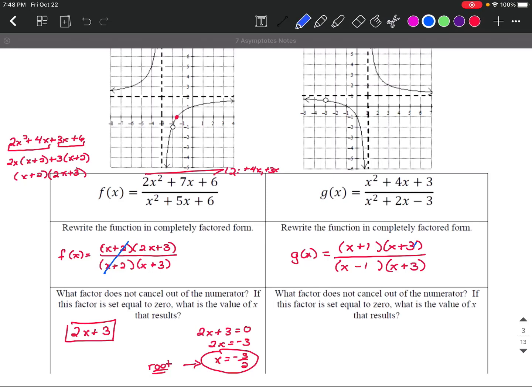The x plus 3's cancel. Now, what factor does not cancel out in the numerator? That's x plus 1. Now, if we let x plus 1 equal 0, that means x equals negative 1. So let's look at the graph of g. When x is negative 1, there it is. It's crossing the x-axis.